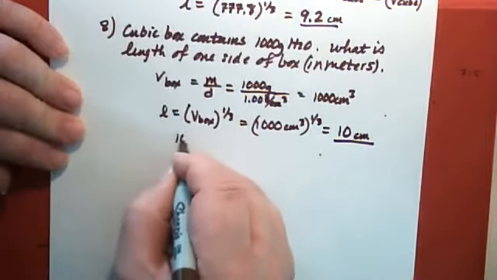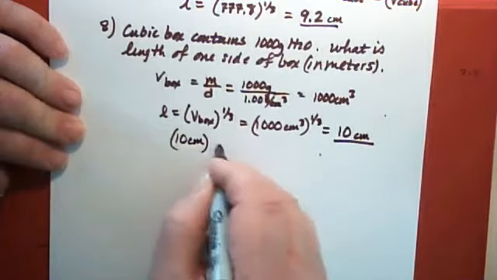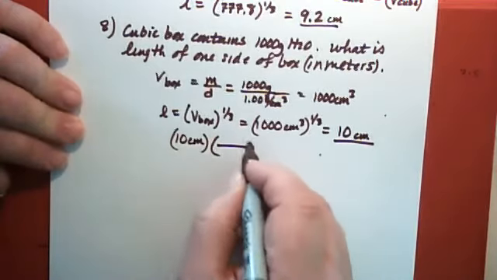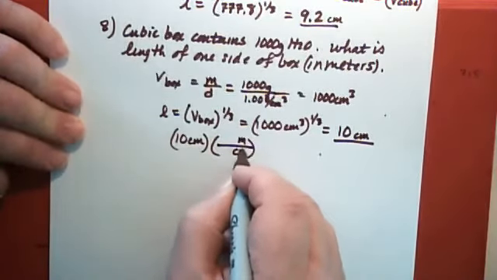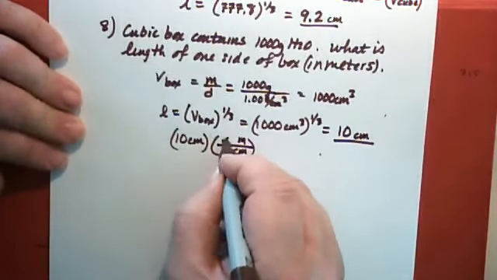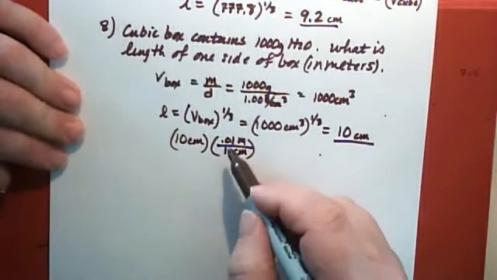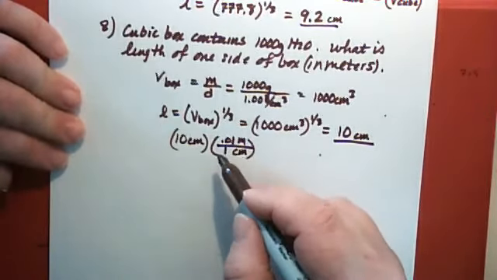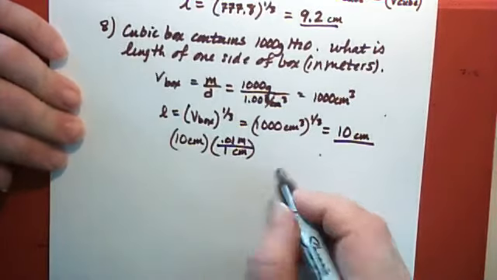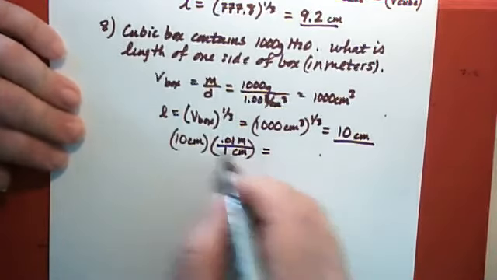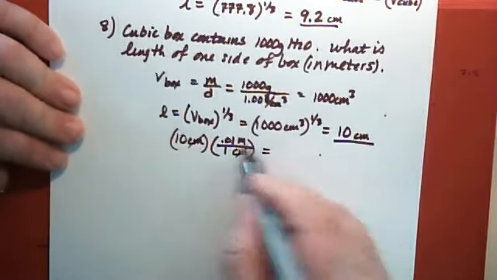Okay, so 10 centimeters. There's 0.01 meter for every 1 centimeter, or you could say 1 meter over 100 centimeters. Works out the same way either way. Notice that centimeters cancel.